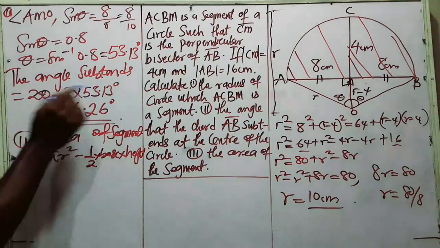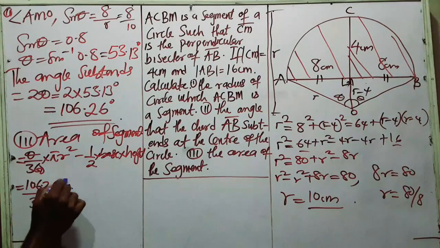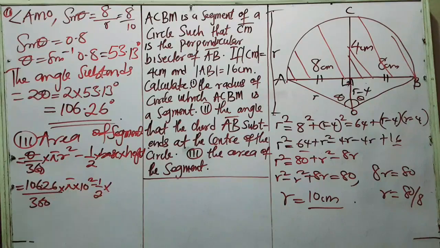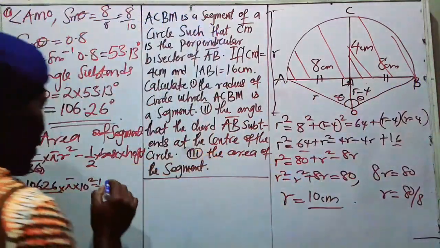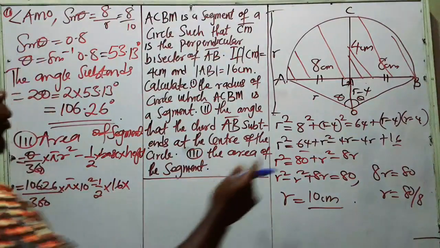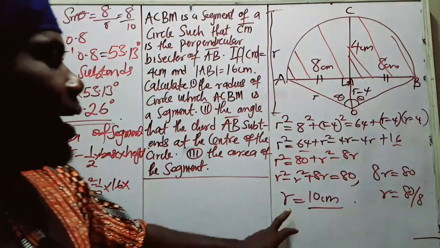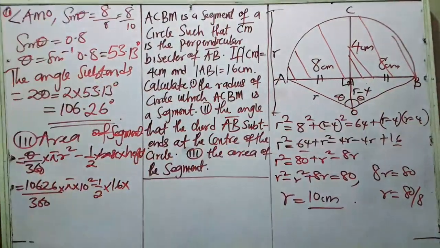Now, our theta is 106.26, so 106.26 divided by 360 times pi times 10 squared, minus half base times height. What is the base of this triangle? Our base is 16, and our height is 10 minus 4, which is equal to 6.